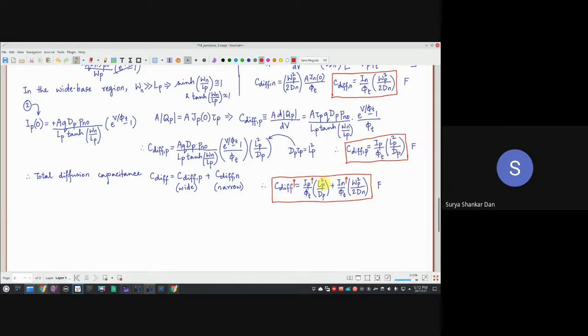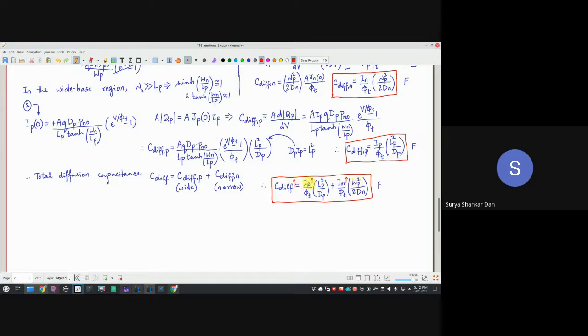Then Lp is a material constant, the diffusion length in the p-type material. Dp is the diffusivity, and Dn is the diffusivity of the n-type material, which is again a material constant, but Wp is the width of the base.